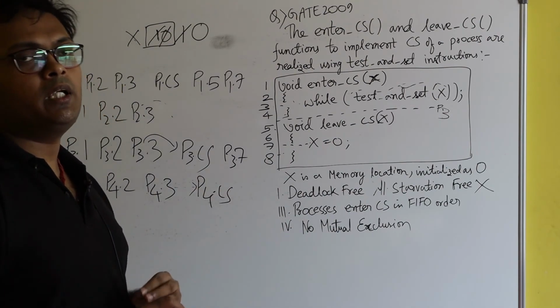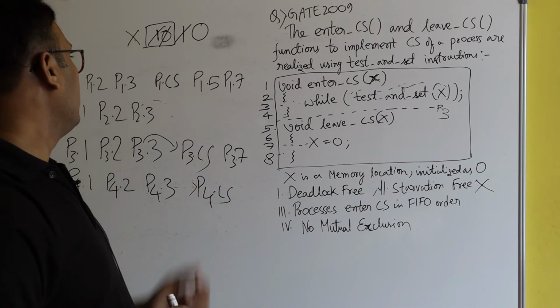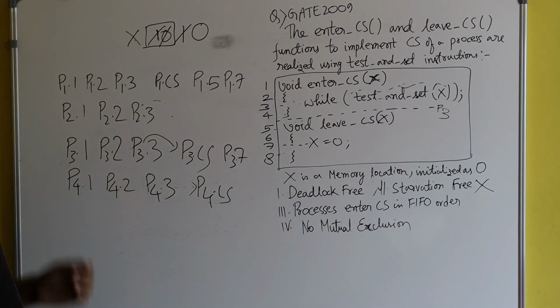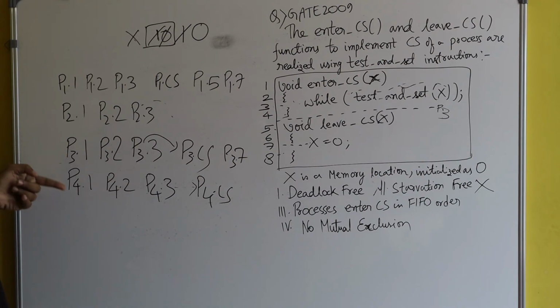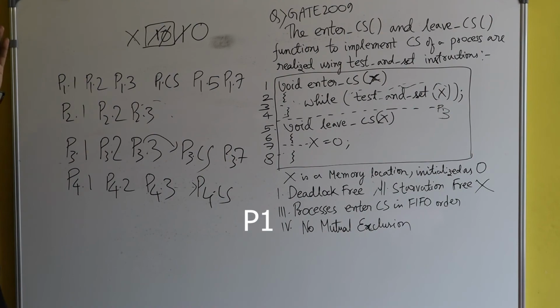Is it really happening here? You see, no, because process P2 came earlier than process P3 and process P4, despite that process P3 and process P4 got entry before process P2. So there is no first out order. According to the first out order, if P4 is coming first, then P4 will come out from the critical section.